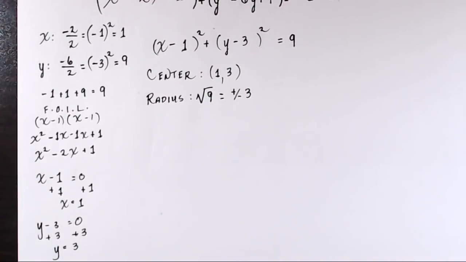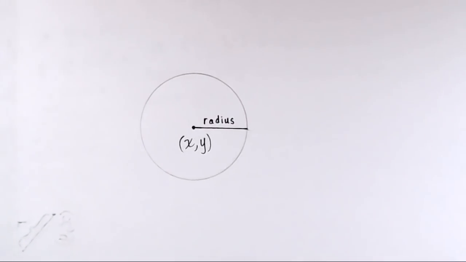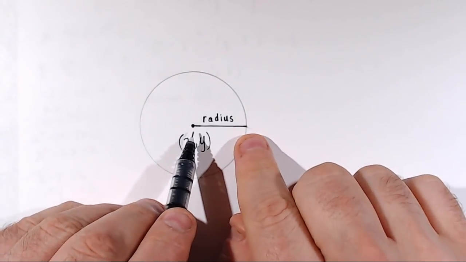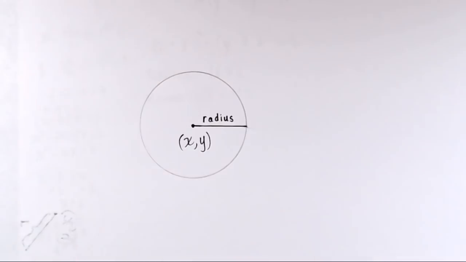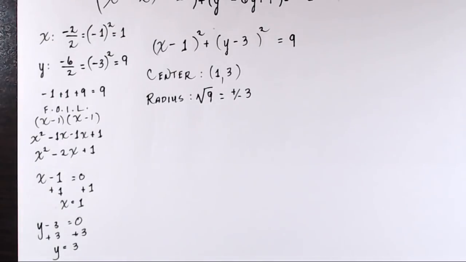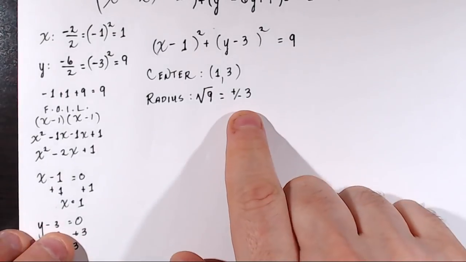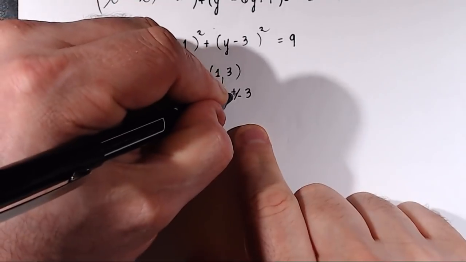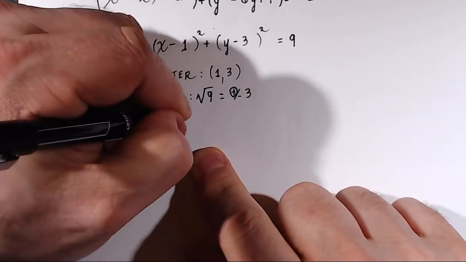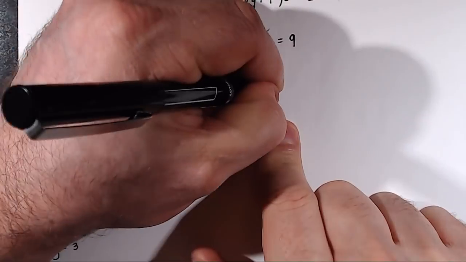As I said, I'm only interested in the positive result because we're dealing with a distance. So this has to be a positive number. So when I take the square root of 9, I'm only interested in that positive result. So that means that my radius equals 3.